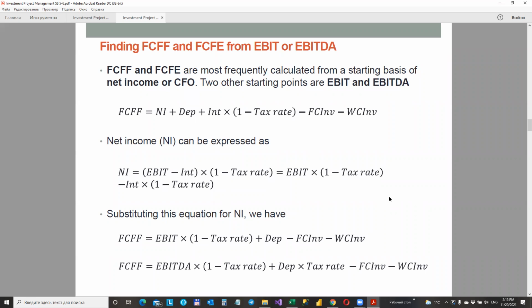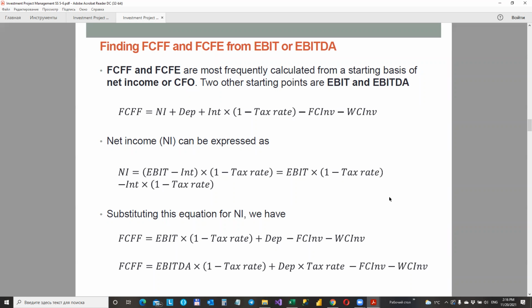In summary, in calculating free cash flow to the firm from EBIT or EBITDA, whether an adjustment for non-cash charges is needed depends on whether the charge has been deducted in the income statement. Furthermore, the form of any needed adjustment depends on whether the non-cash charge is a tax deductible expense or not.